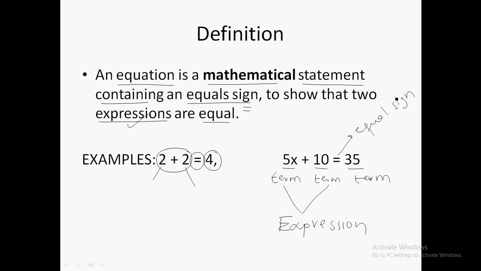Equal sign makes an equation. So an expression with an equal sign is an equation. This is an equation. So an equation has a left side and a right side.